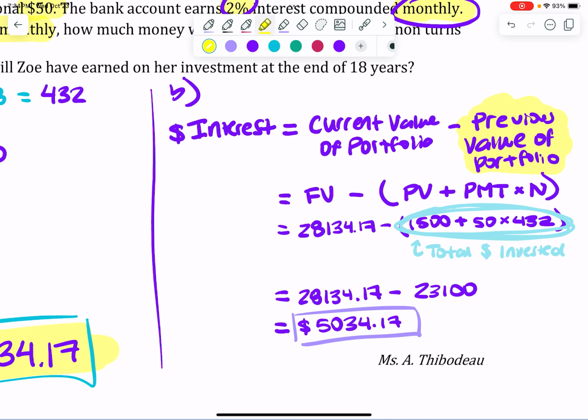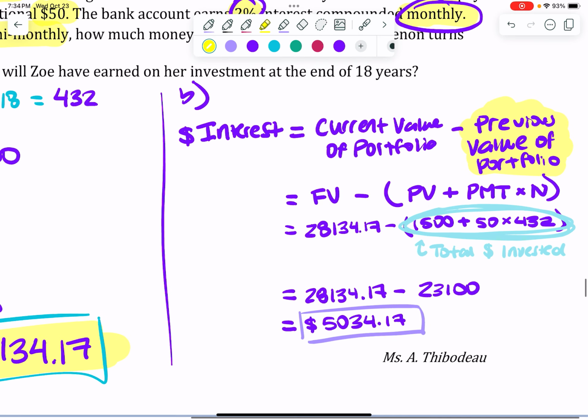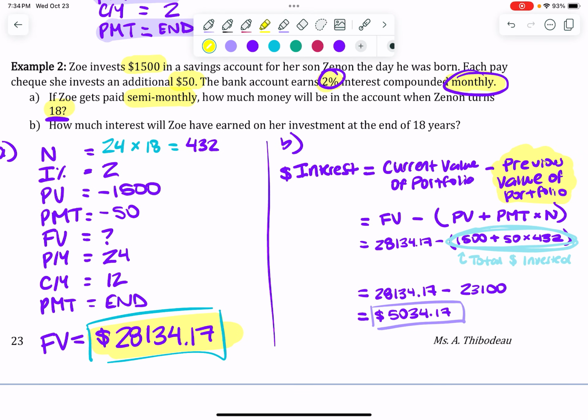Now, there are 3 separate follow-up questions that I can ask you that require you to get FV first. So 3 different ways I can structure a question so that part B is slightly different. The first way is exactly what we did. Say calculate the dollar amount of interest.